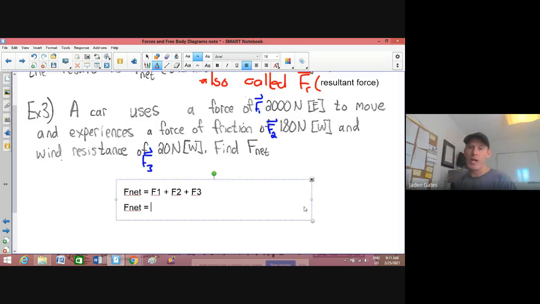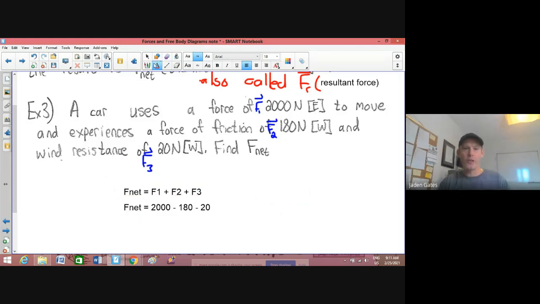Now, again, just like we dealt with velocity and displacement, directions here, we have straight line motion. So I'm going to, as always, make east positive, west negative. And so when I add these up, F1, I'm going to put positive 2,000 because it's in the east. F2, though, is west, so I'm going to have minus 180. 20 newtons is also west, so I go minus 20.